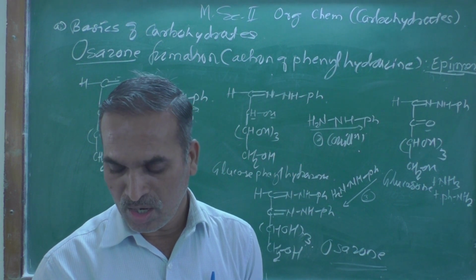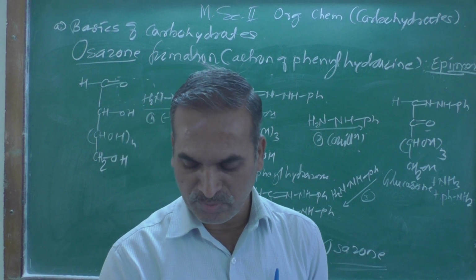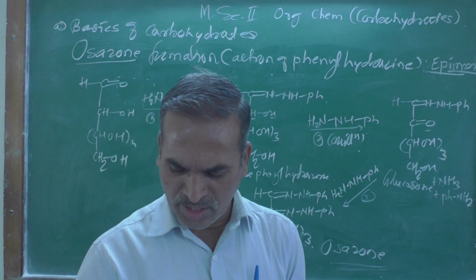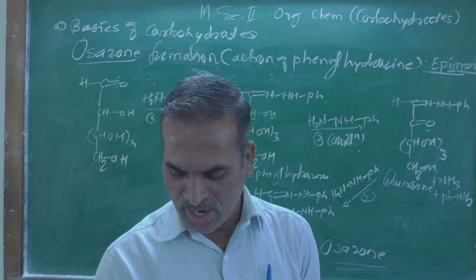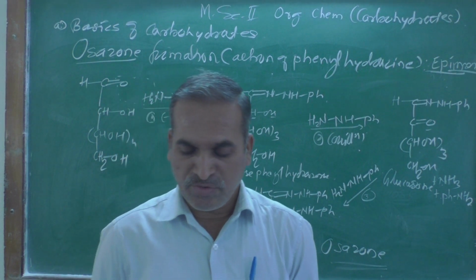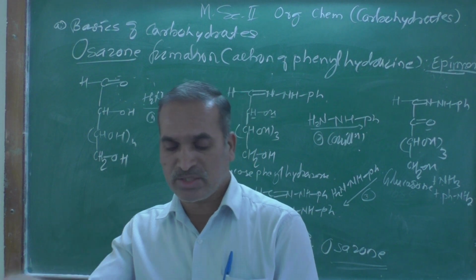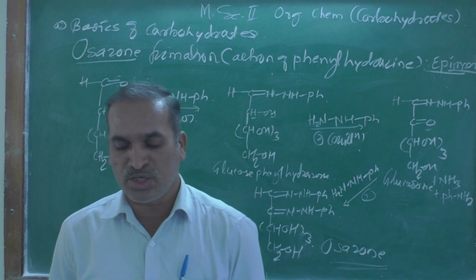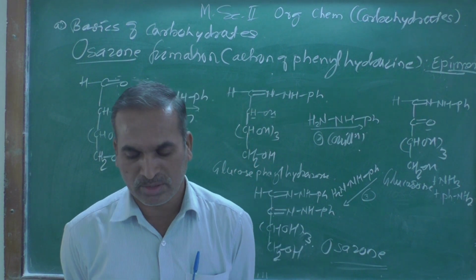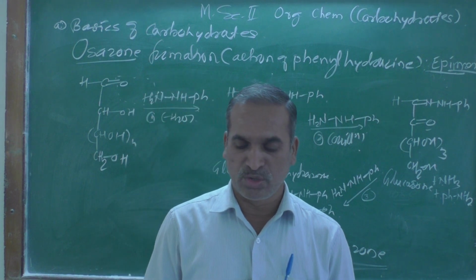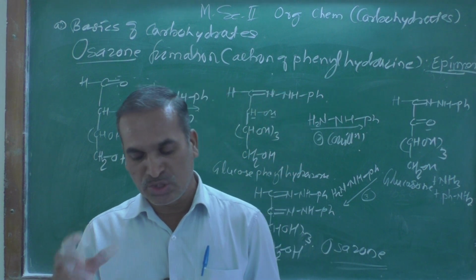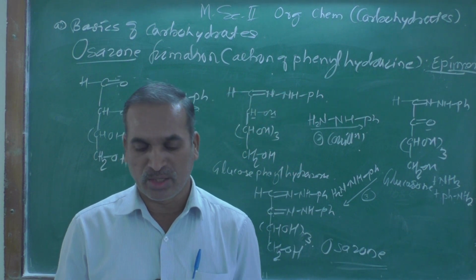So how do we get this? We have seen that an aldehyde or aldose reacts with phenylhydrazine to form phenylhydrazone. If an excess of phenylhydrazine is used, the reaction proceeds further to yield products known as oxazones, which contain 2 phenylhydrazine residues per molecule.